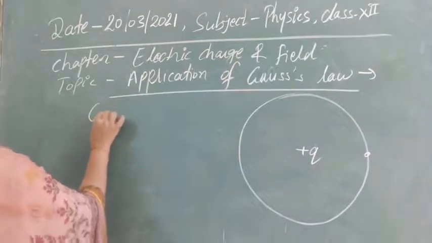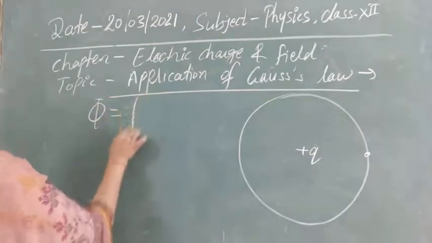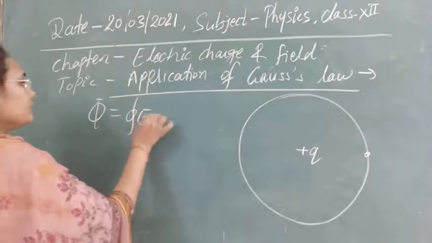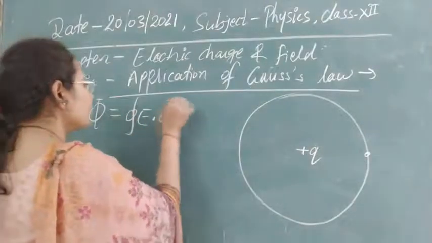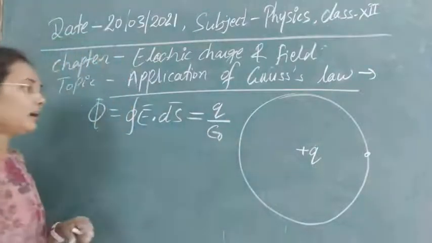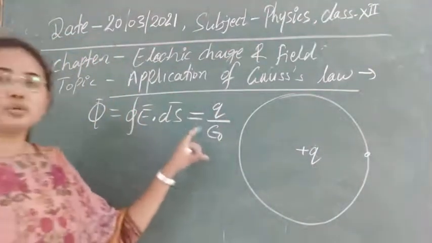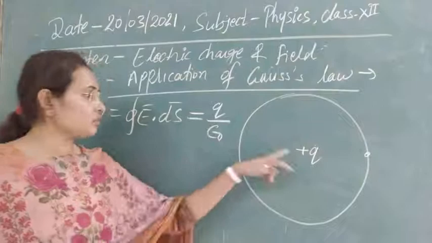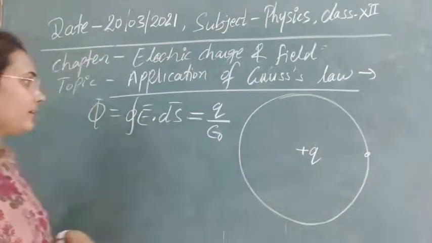According to Gauss's law, phi is equal to the closed integral of E dot ds, is equal to q by epsilon 0, means 1 by epsilon 0 times the charge enclosed by this Gaussian surface, and the charge enclosed is q, it is given.